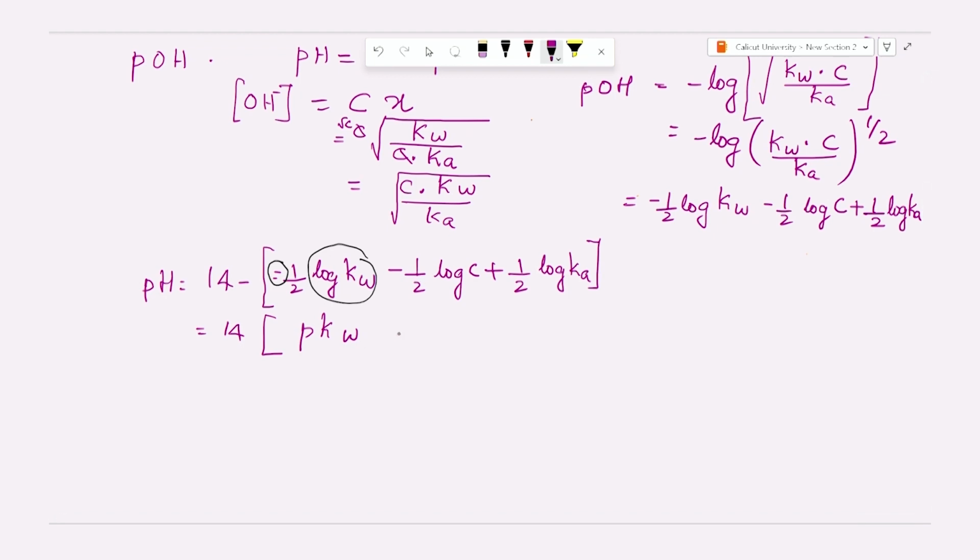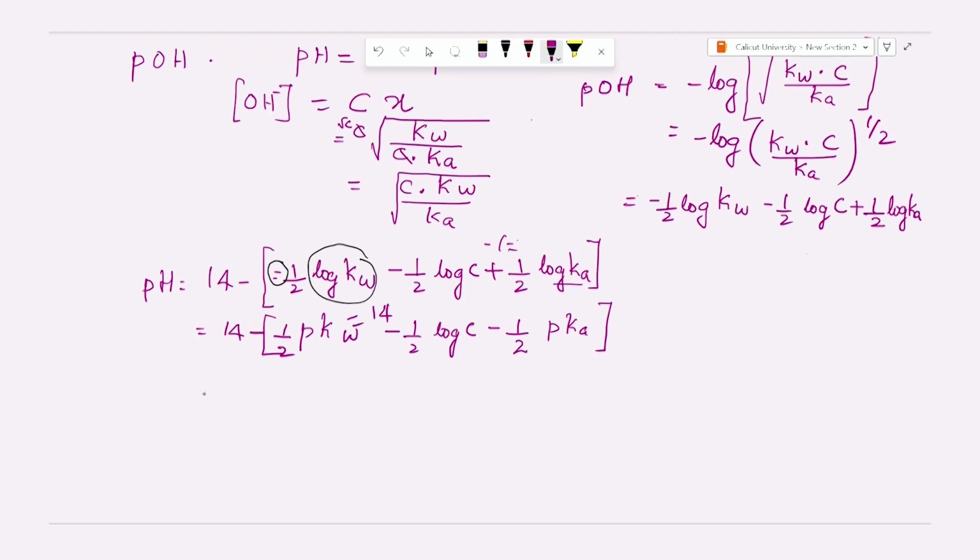Then here that remains as such, that will be minus of half log C, and here we do not have a minus. So, if I have to take negative, this should be two negatives, minus of minus. So, this minus and log Ka becomes pKa, so minus half pKa. pKw is equal to 14, half is missing, so it is equal to 14.